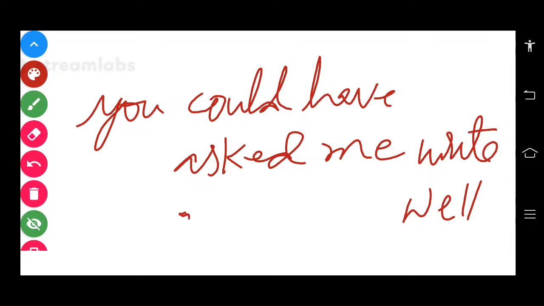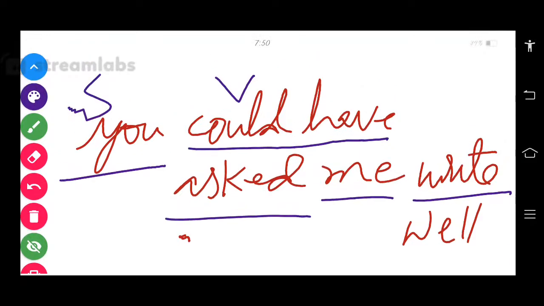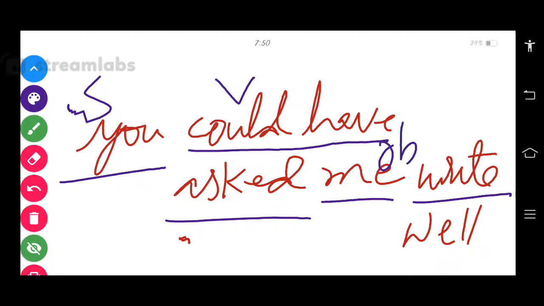In this sentence, you is the subject, me is the object, write is a non-finite verb, and could have asked is the main verb. So this is the verb, this is the subject, this is the object, this is the non-finite verb. Clear?